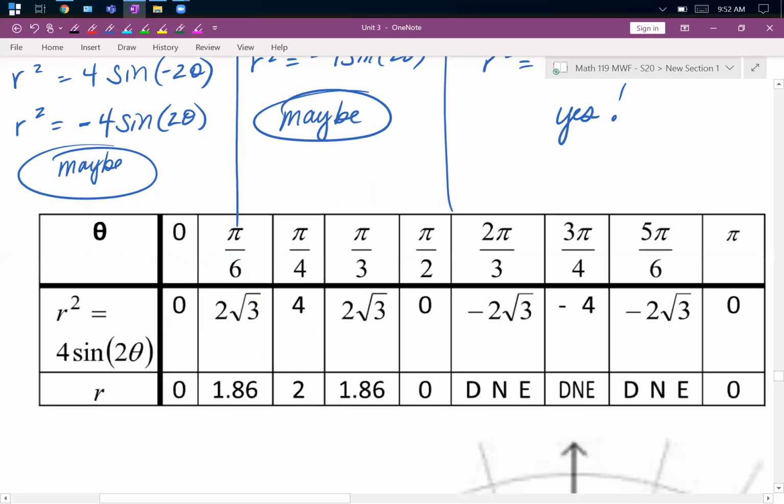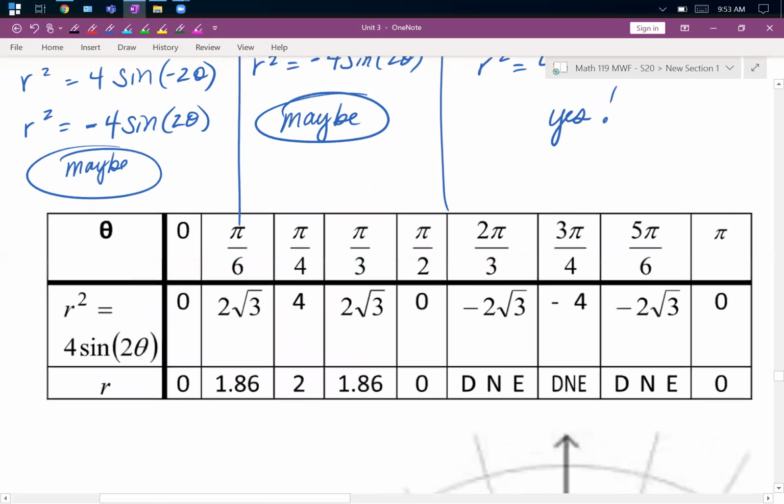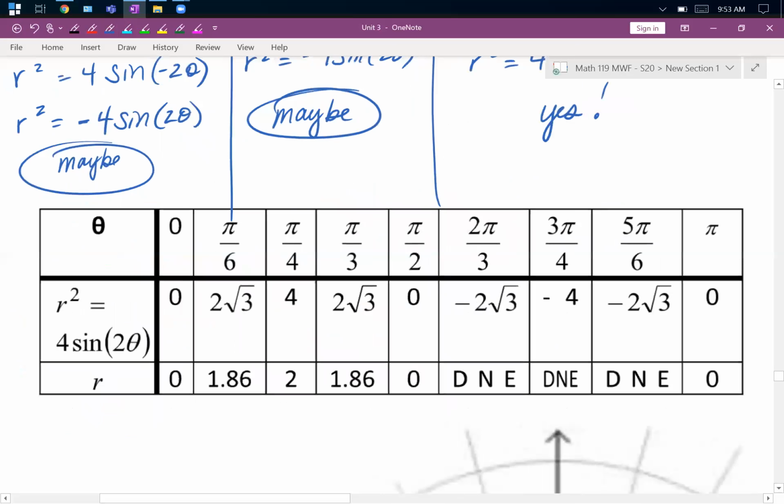You'll notice that my chart this time is a little bit more drawn out because I chose my thetas and I chose first and second quadrant. And then I plugged them into my equation, but my equation is solved for r squared. So I then had to take the square root of that answer to get my actual r value.